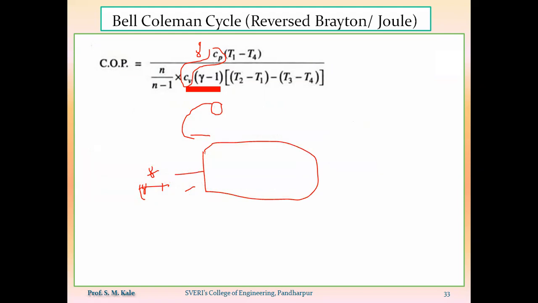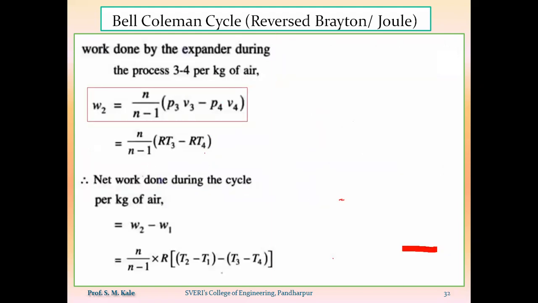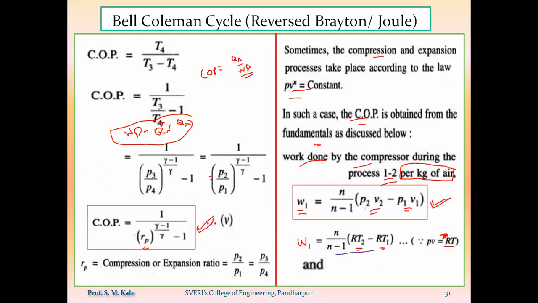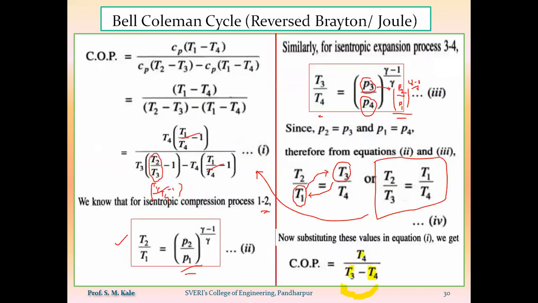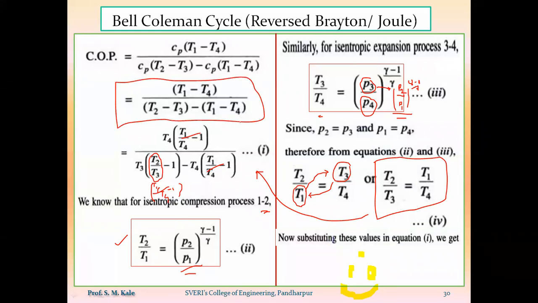That means the equation we took at the beginning, to calculate this equation, COP is equal to 1 upon Rp raised to gamma minus 1 upon gamma minus 1, where did we start from? From here, this equation. COP is equal to T1 minus T4 divided by T2 minus T3 minus T1 minus T4.